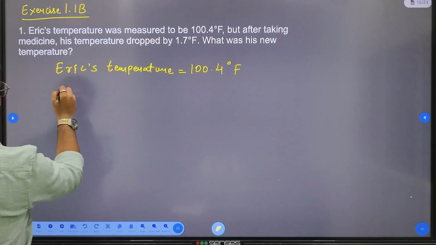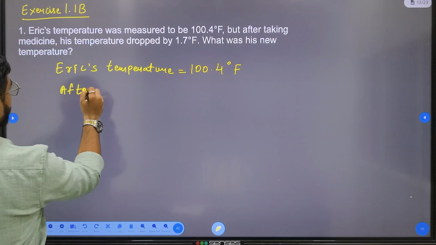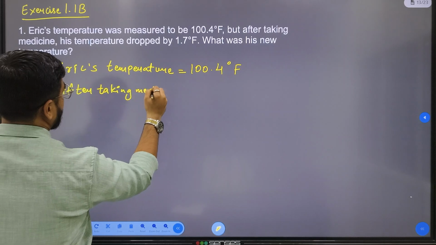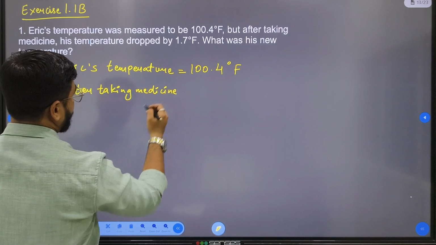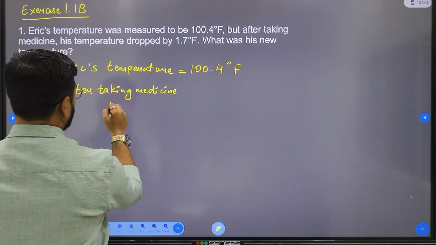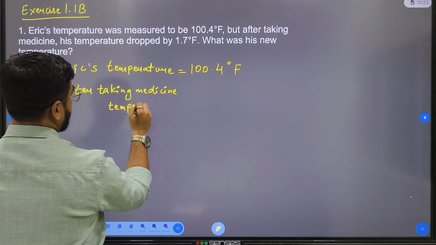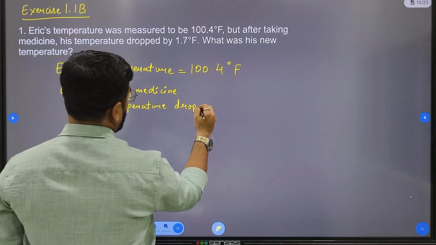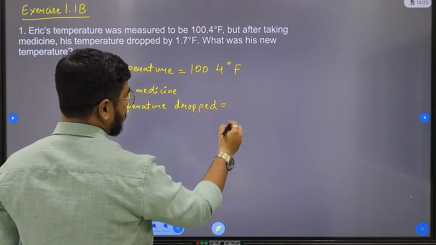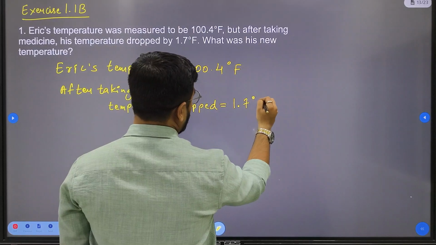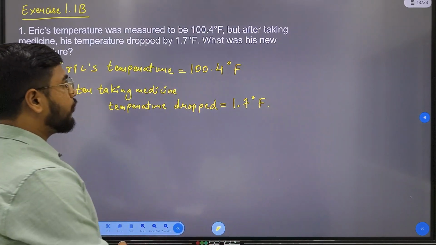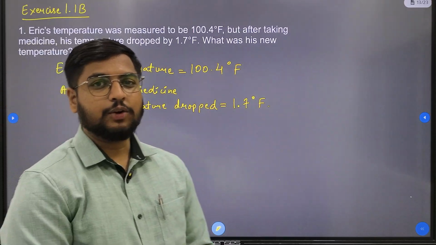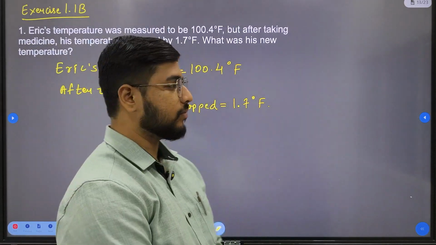So after taking medicine, temperature dropped. Dropped by how much? 1.7 degree Fahrenheit. What was his new temperature? So we have been asked to tell his new temperature after taking the medicine.